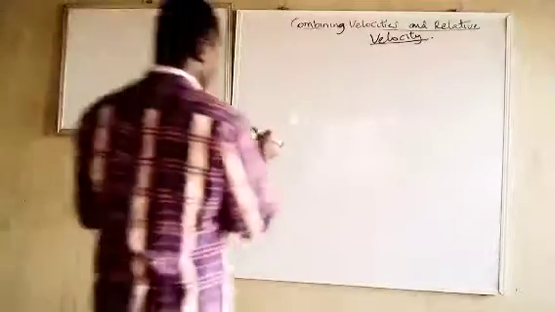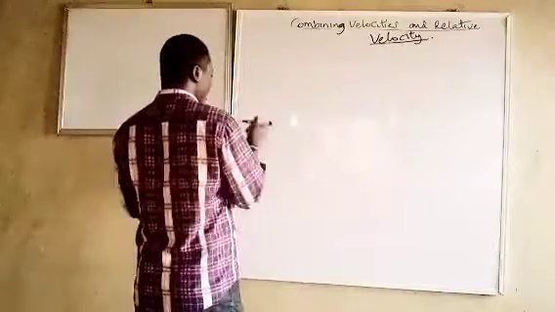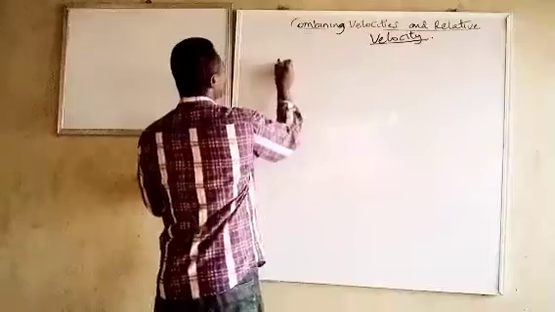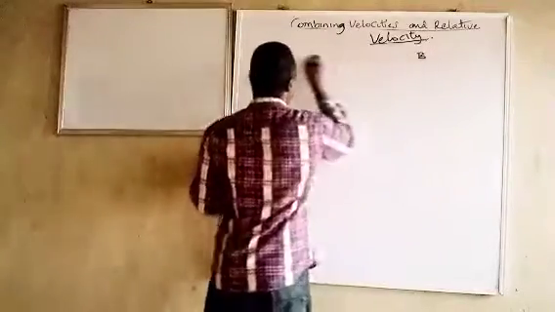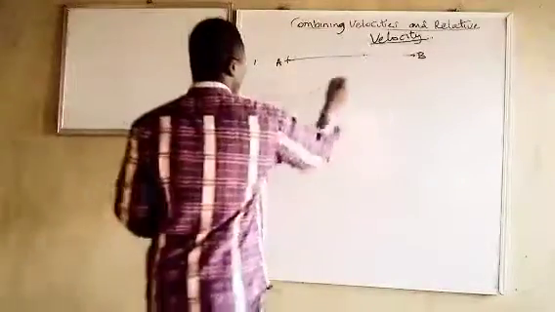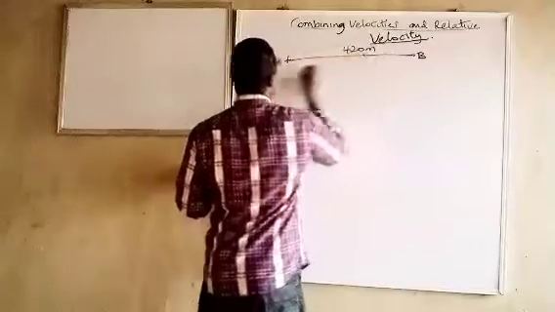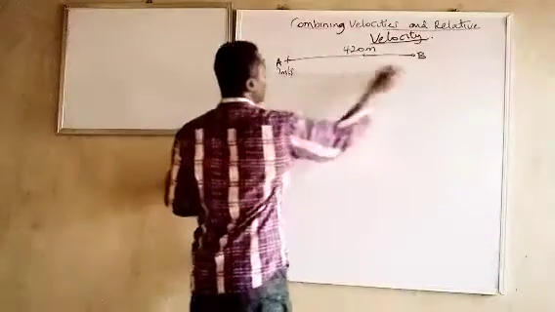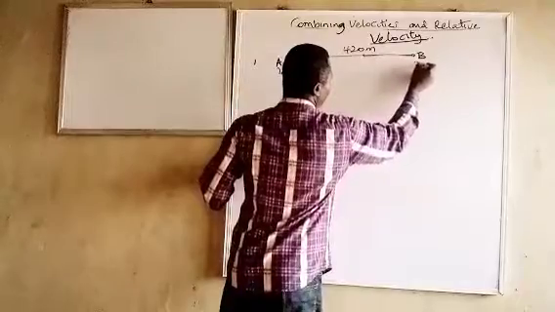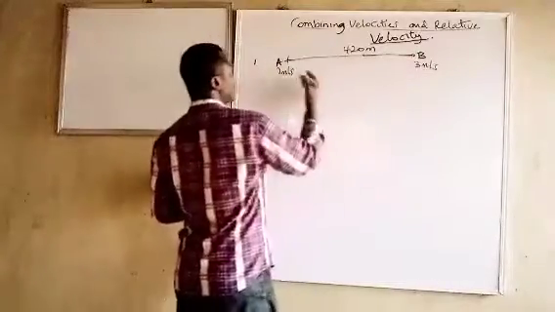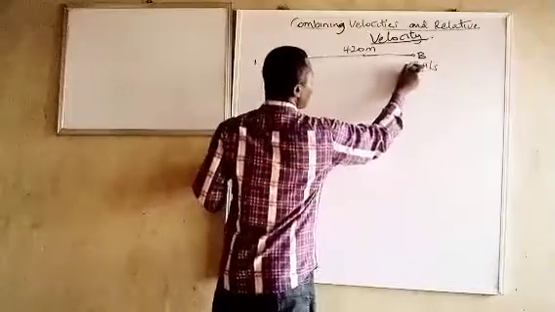Now let's look at a situation where they come towards each other. So A is here, B is here. And now let the distance between A and B be 420 meters. And let A move with 7 meters per second and B with 3 meters per second, but towards A, which means that the velocity of B will be negative this time around.